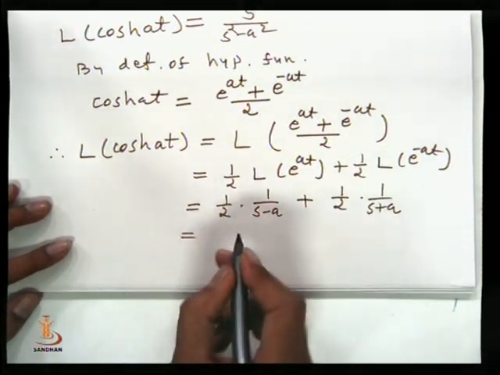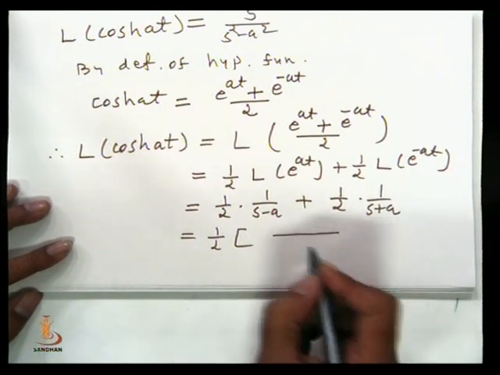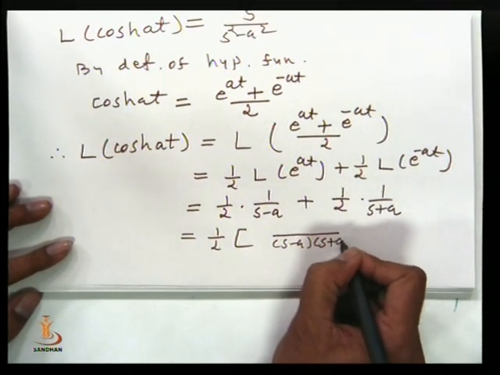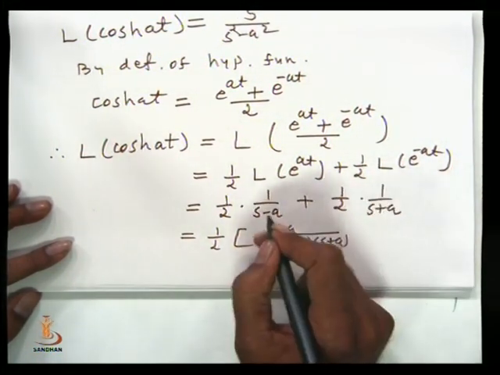We take out common 1 upon 2 into bracket, LCM is s minus a into s plus a. Here we multiply by s plus a and here by s minus a.